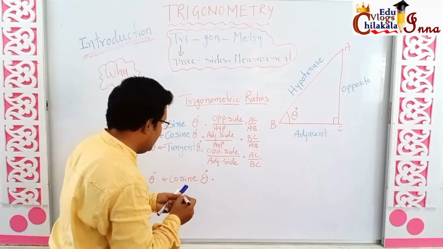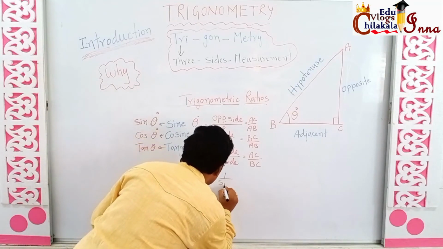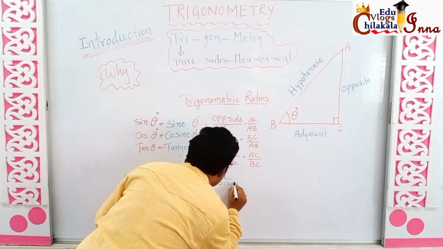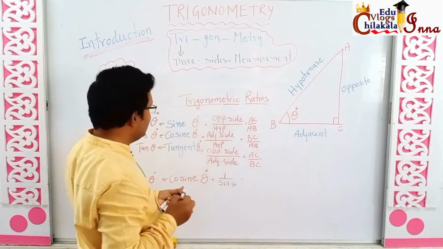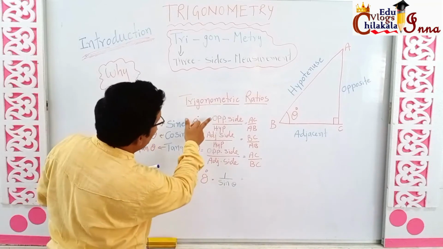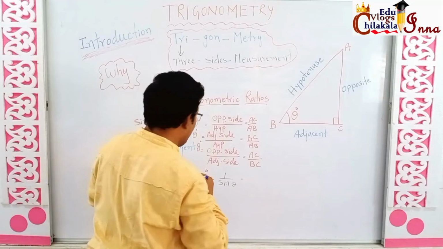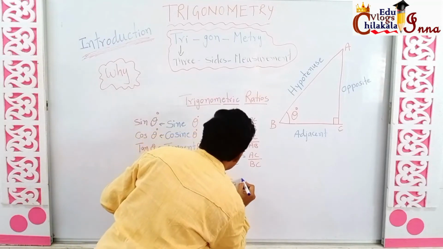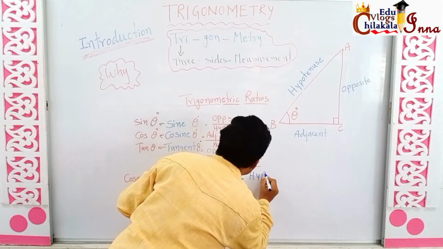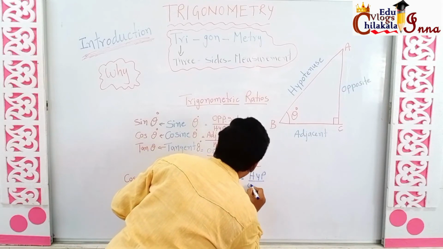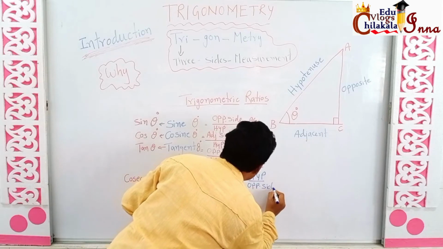So let me write it here. I can write it like this: 1 by sine theta. What is this 1 by sine theta? 1 by opposite side by hypotenuse. So when you do that, you will get hypotenuse by opposite side.